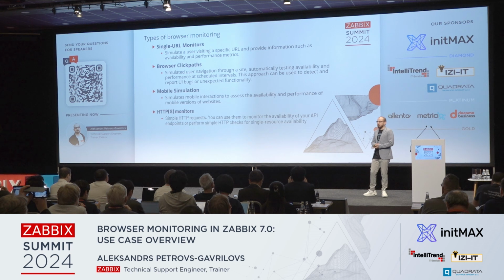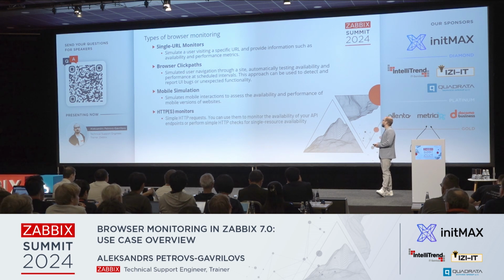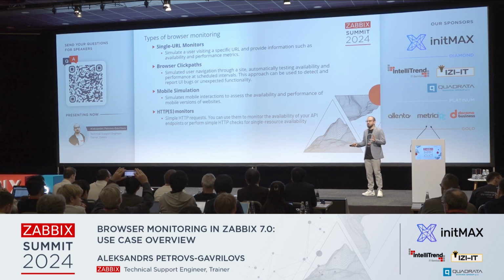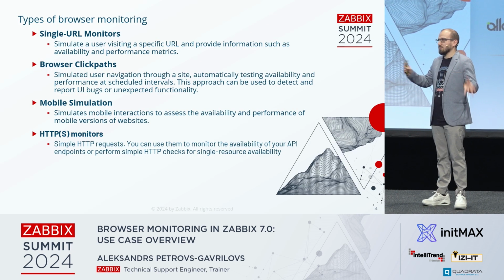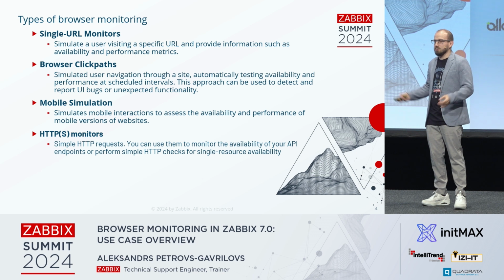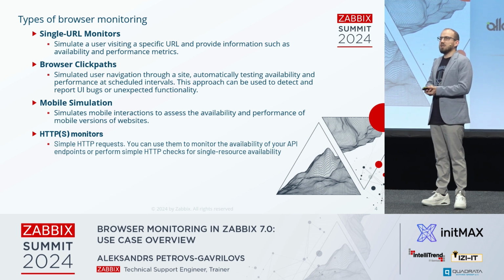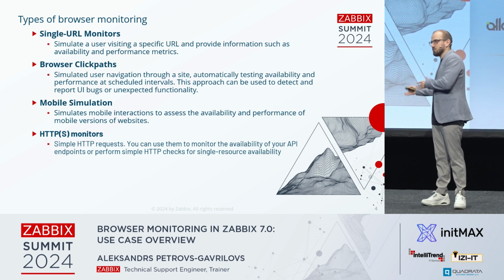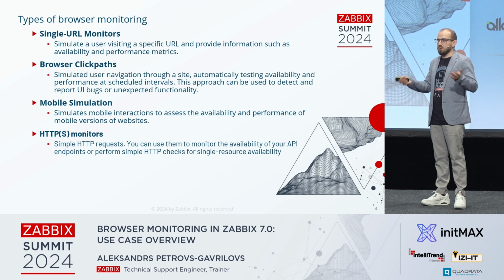Right, so it can have multiple approaches. It can be your classic single URL monitoring. We can just open the page, see if it's available, running, right, looking like it should. Those can be browser click paths. So we can actually, as the name suggests, make the browser click a specific path to get us to a specific page.